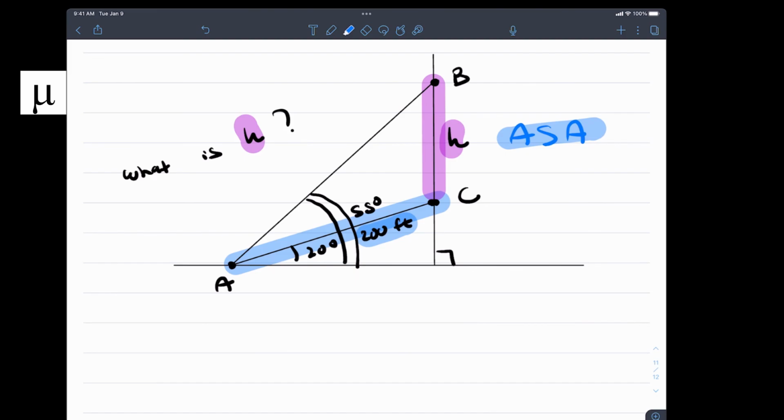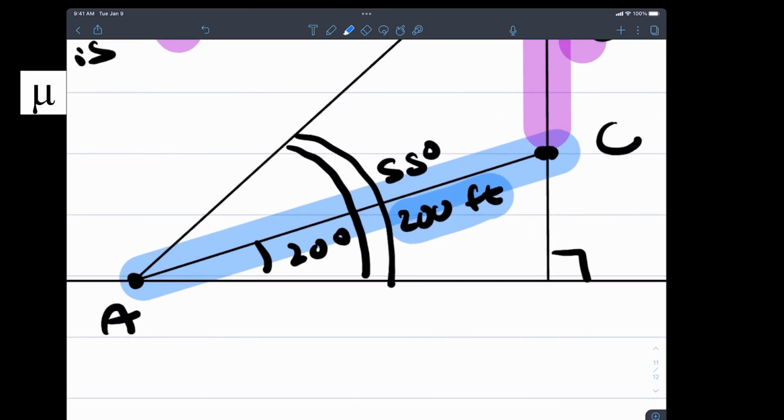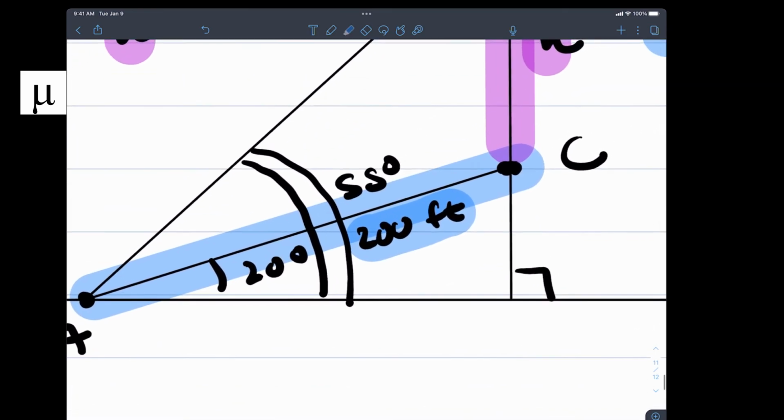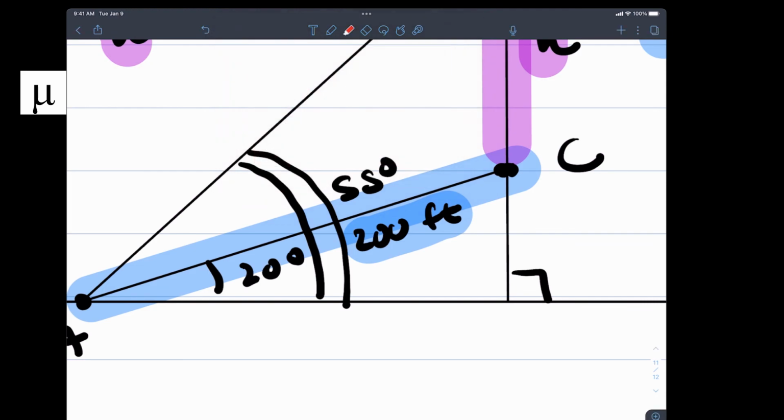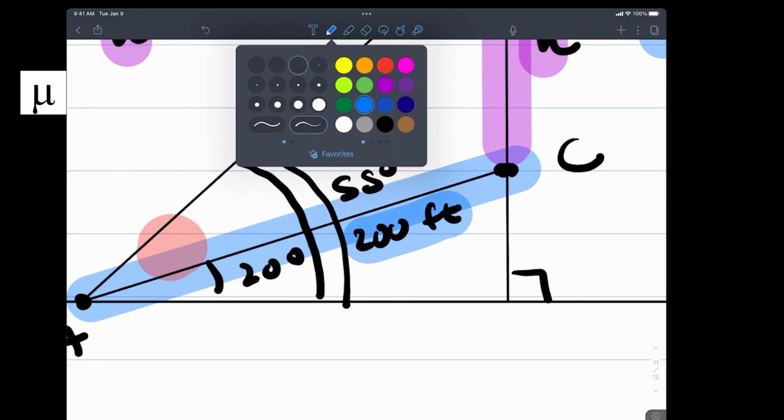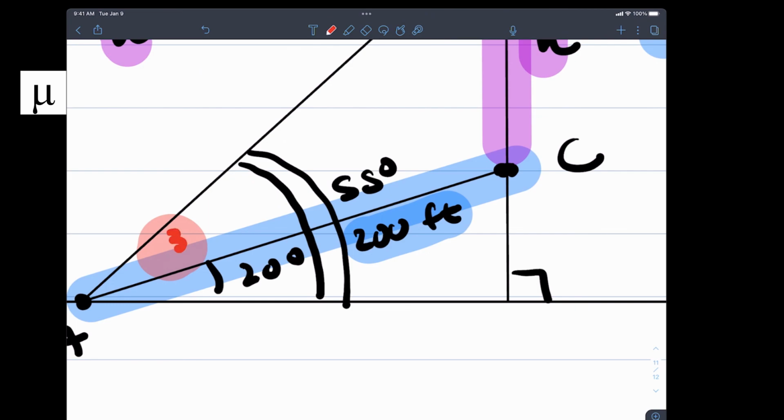Okay, you ready? Take a look at this. What are they communicating to us? I make the claim we can get this angle. What's that angle, ladies and gentlemen? It's going to be 35 degrees. Why?